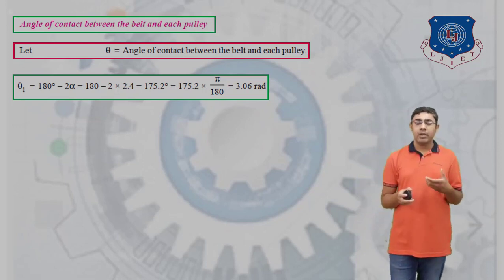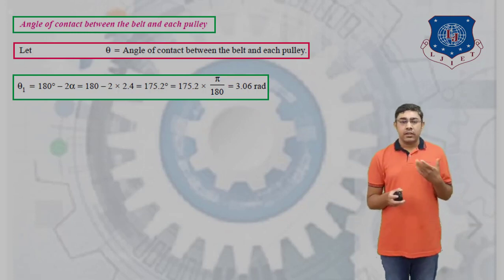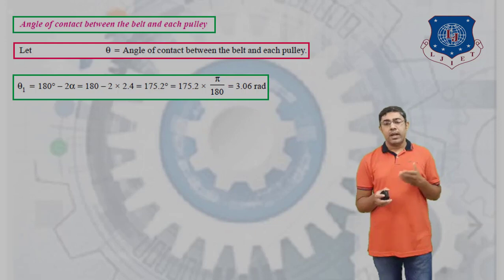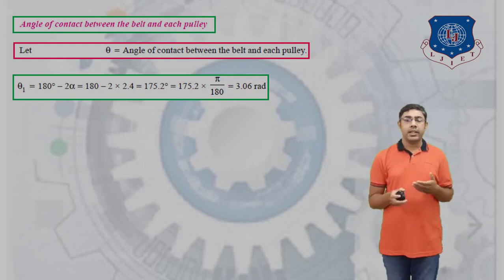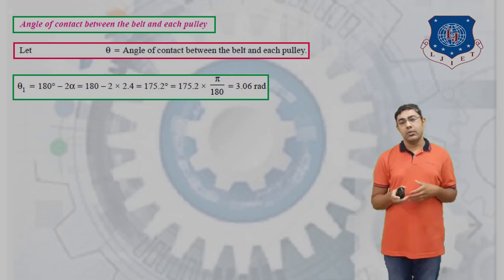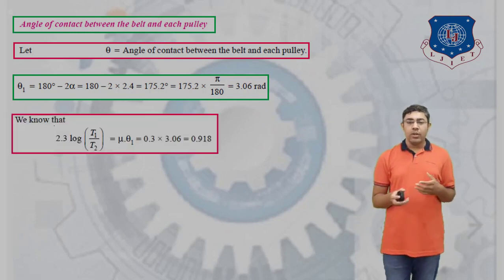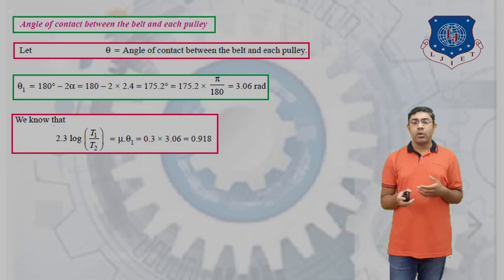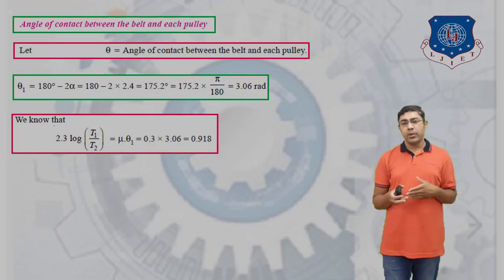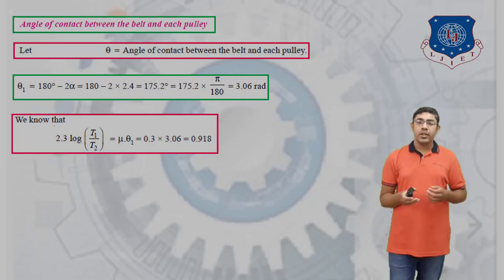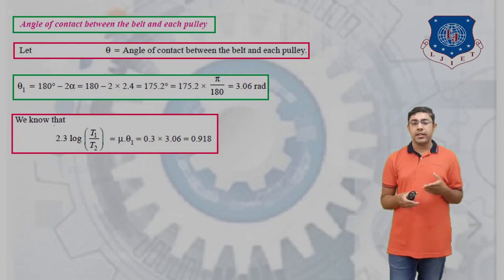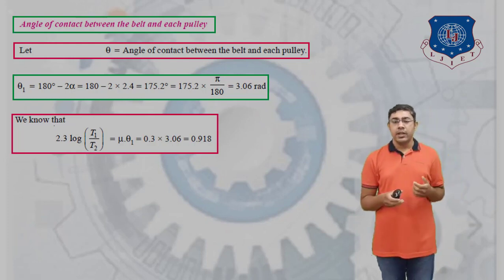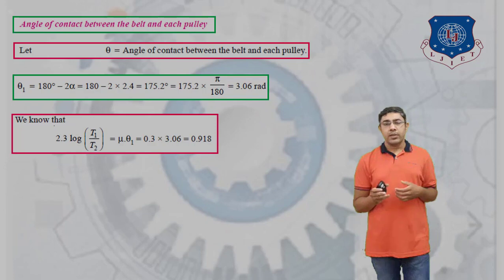But to calculate T1 and T2, we need theta in radians, so we convert by multiplying by pi by 180. So theta 1 is equal to 3.06 radians. Now we know that 2.3 log T1 upon T2 is equal to nu into theta 1. Here nu is given as 0.3, and theta 1 we calculated as 3.06 radians.